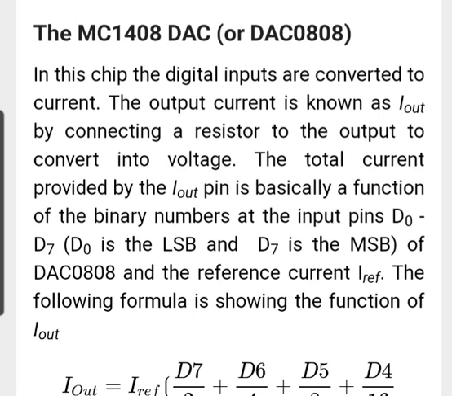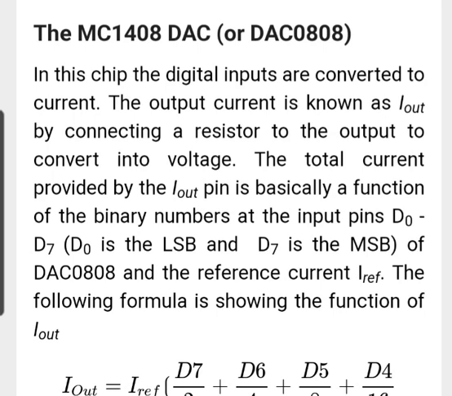This is the MC1408 DAC, or DAC 0808. Here in this chip, the digital inputs are converted to current, and the output current is known as I out.